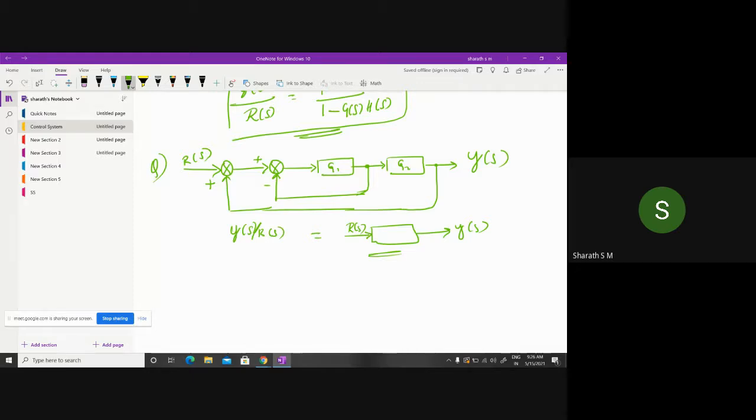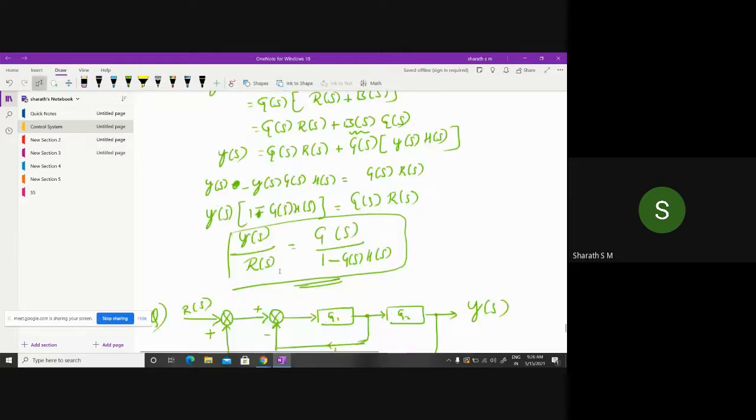So here we have two summation points and two blocks. Just look at the observation here. For this G1, we have a feedback element with negative feedback. When we don't have any block, that indicates the signal is 1. So what's the equation for negative feedback?